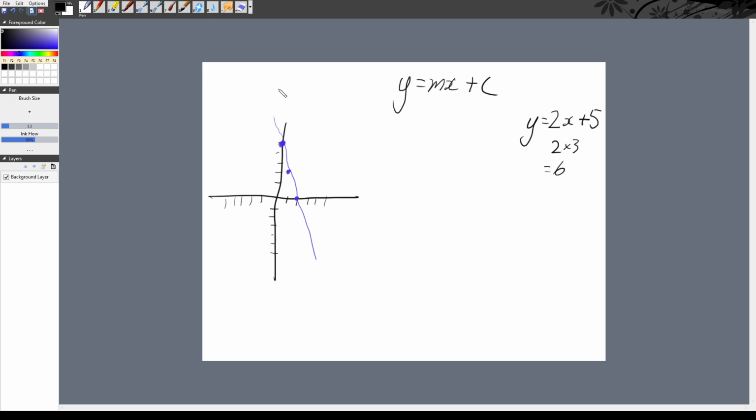So let's have a look at this graph here. I've started at 1, 2, 3, 4, 5. So I've started at 5. But instead of going up, I've gone down. So what is my rate of change? Now, what am I doing every time? So we know that we've started at plus 5.